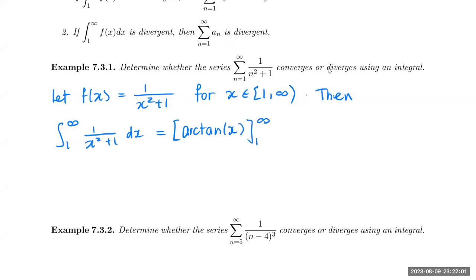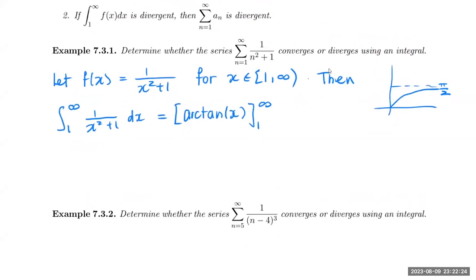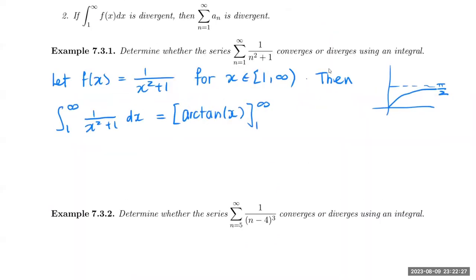As x approaches infinity, it's going to go towards pi over 2, and minus pi over 4, which is then equal to pi over 4.